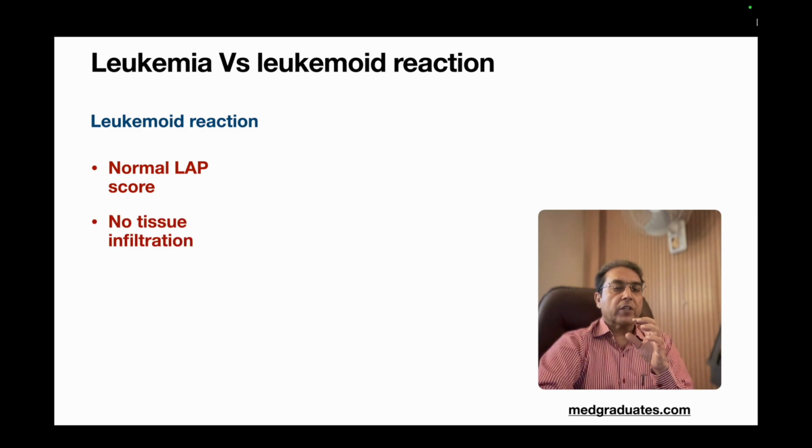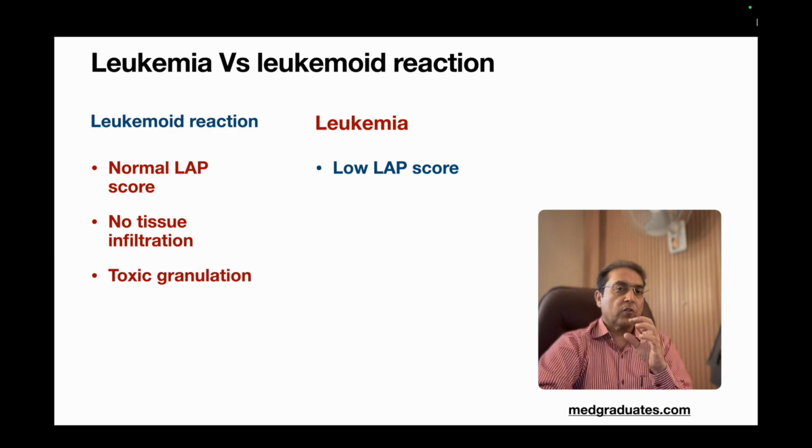There is no tissue infiltration, which means the bone marrow, liver or spleen are not infiltrated by these cells, and there may be toxic granulation which can be seen on peripheral film examination. While in leukemia, you may have a low leukocyte alkaline phosphatase score, and there may be immature blast cells which may be infiltrating into the bone marrow, sometimes into the spleen and liver and other areas as well. So this is what differentiates leukemia from a leukemoid reaction.